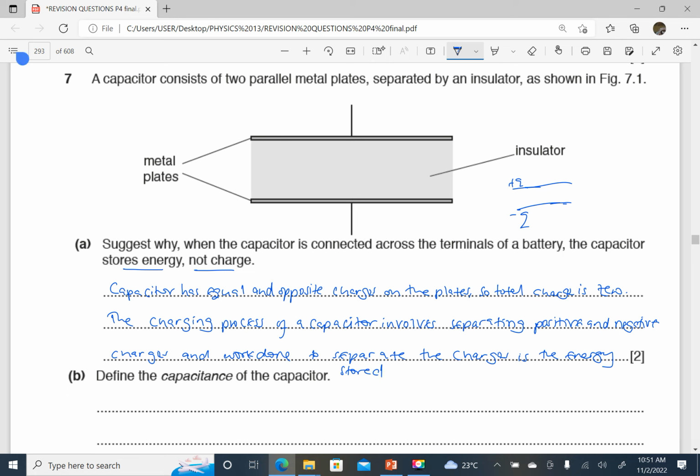The work done in separating the charges on the capacitor plates is the energy stored by the capacitor.